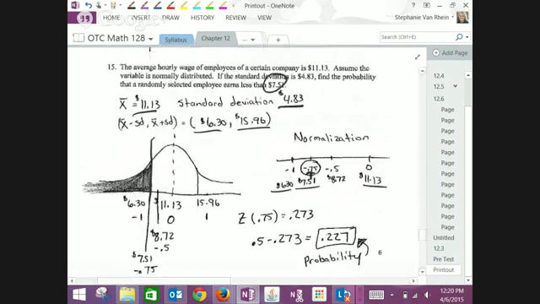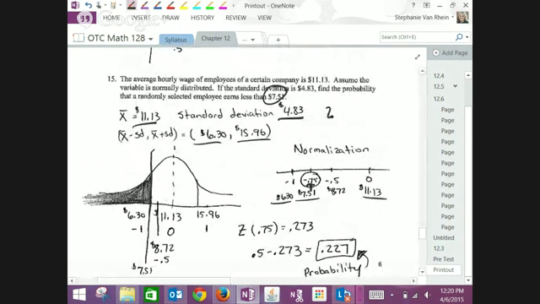Different ways to do it. The easiest way, which I didn't write here, would be to calculate Z, which would be $7.51 minus $11.13 over $4.83.